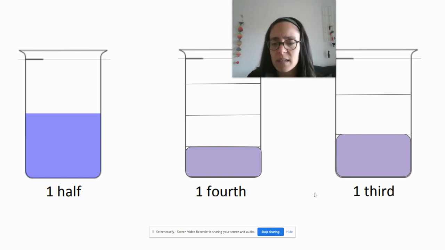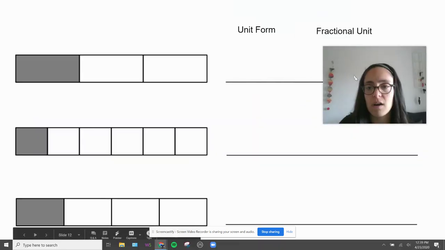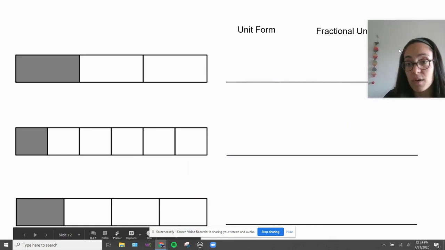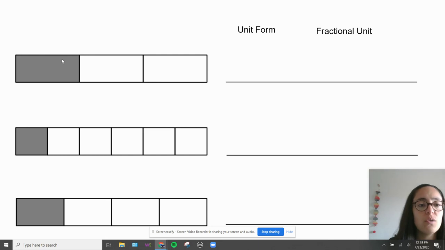So we're going to keep practicing with this, but it's just a little review about our unit form versus our other forms. Okay, so we have our unit form and our fractional form right over here. I'm going to move me down to the bottom. So for our unit form, think about the total number of parts I have in my strip.